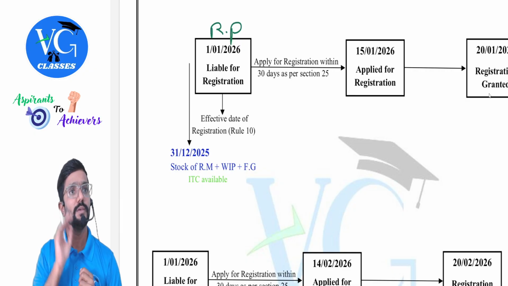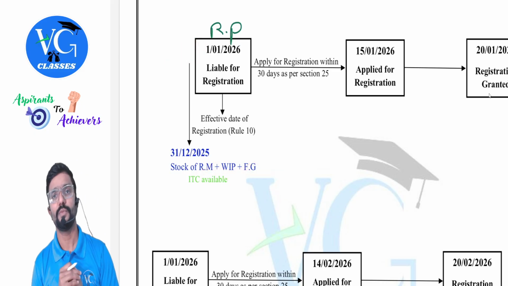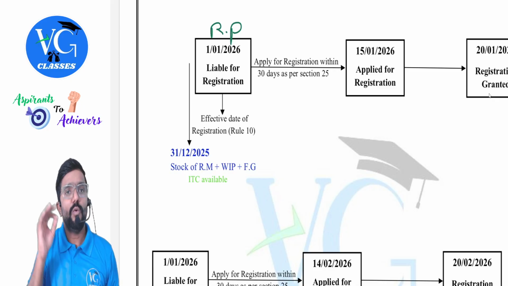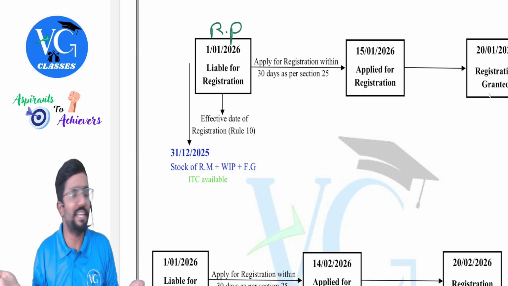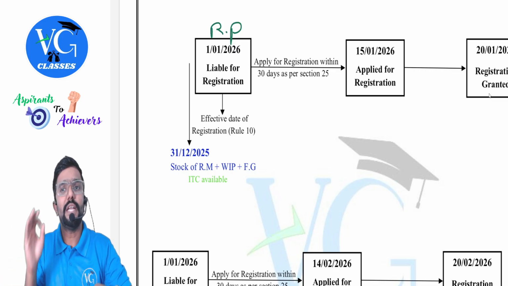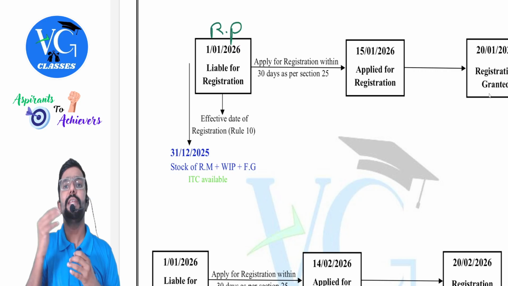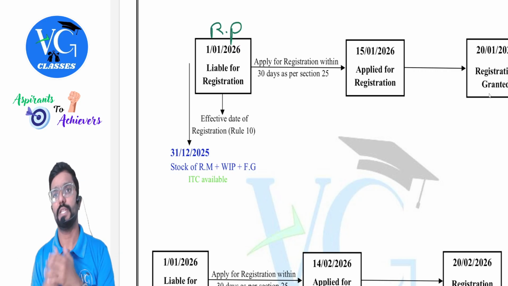Yes. Same way, assume there is a work in progress on 31st December. Means I started working on it but not yet completed. Now on 31st December, can they sell it in the market? No, sir. It is semi-finished goods. Who will buy it? So on 31st December, assume it was just 50, 60 or 70% complete. Remaining portion, when will I complete, people? On 1st January or after that?